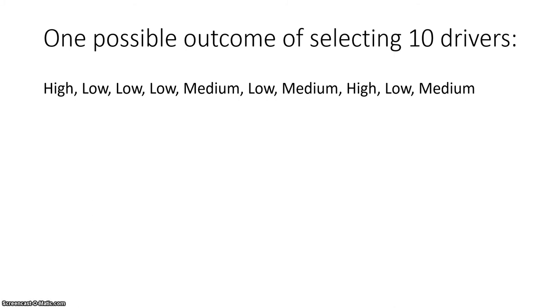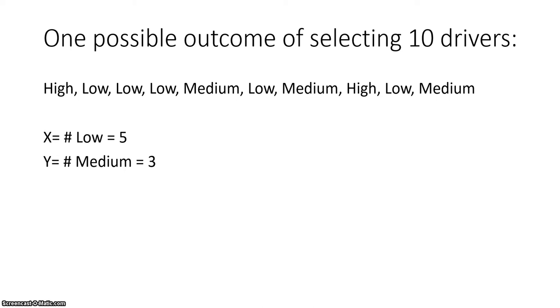So we might just happen to have our 10 drivers selected, and the first one might be a high risk, then a low, another low risk, a medium risk, a low risk, then a medium risk, then a high risk, then a low risk, then a medium risk. This is just one of many possible outcomes. We can see that x, the number of low-risk drivers out of the 10, is 5.